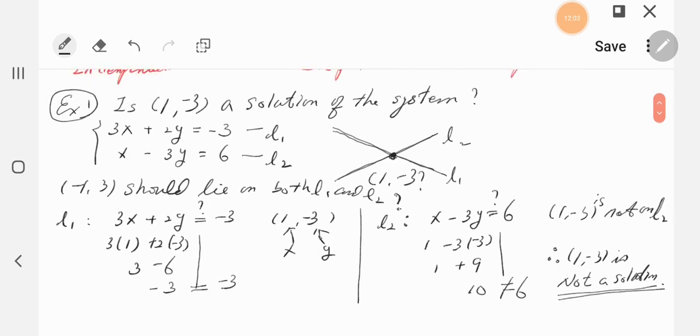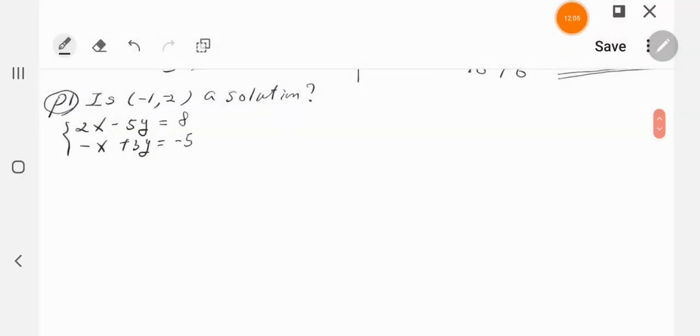Okay, let's try the next one. All right, problem 1, same question. Is the given point negative 1 and negative 2 a solution of these linear equations? Let's say this is line 1 and the second equation is line 2. Let's check whether the point satisfies line 1. The first equation is 2x minus 5y is equal to 8.